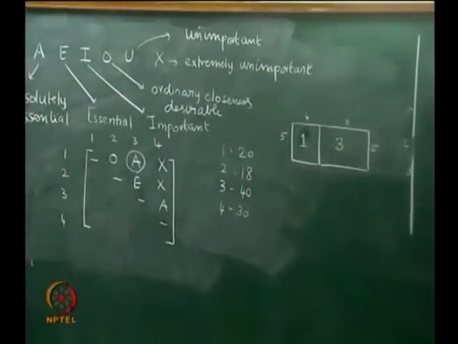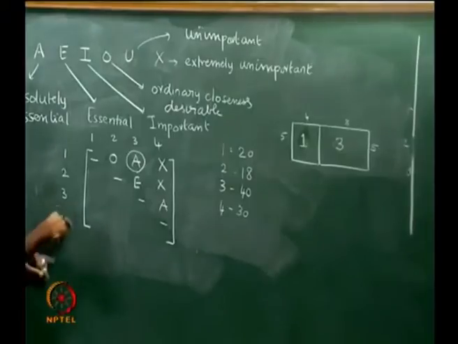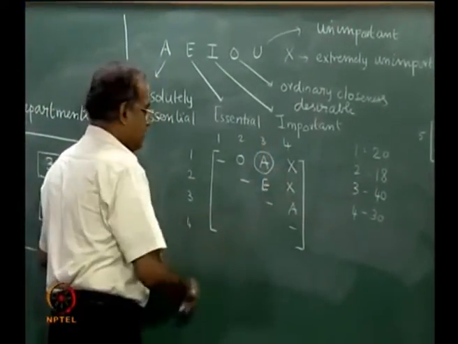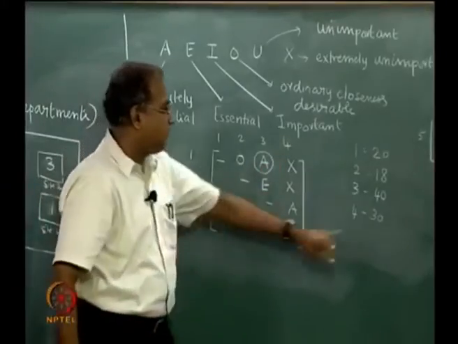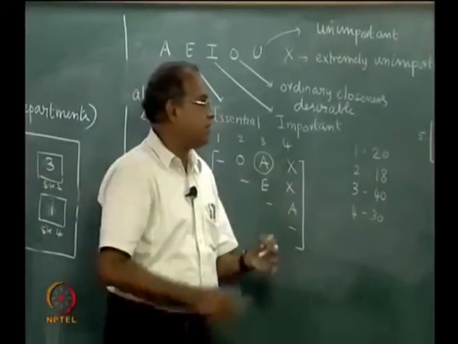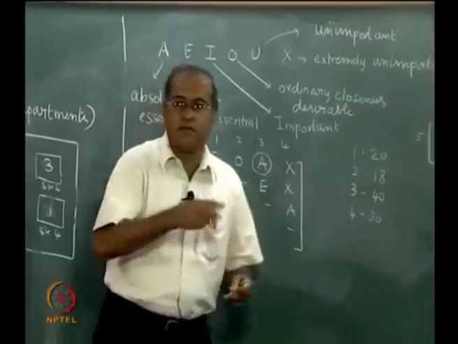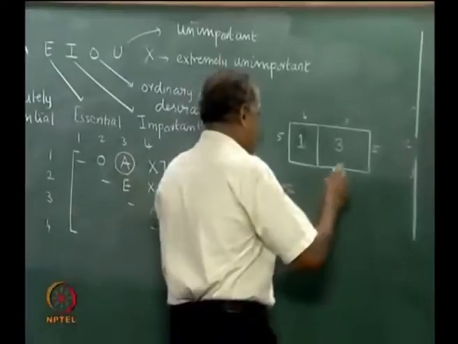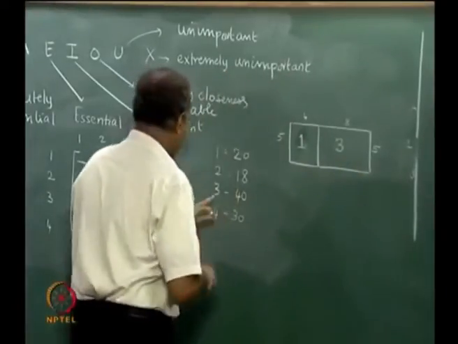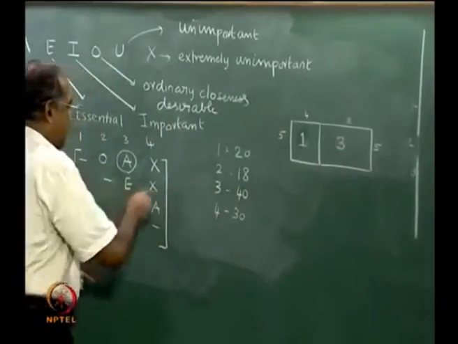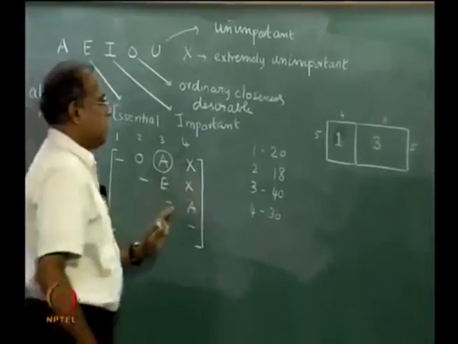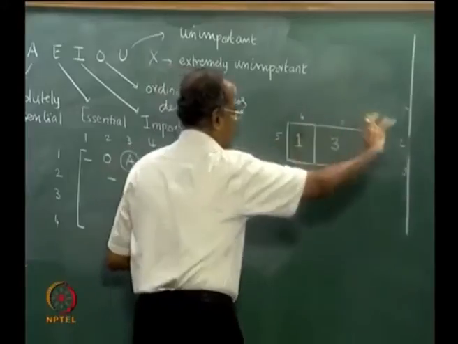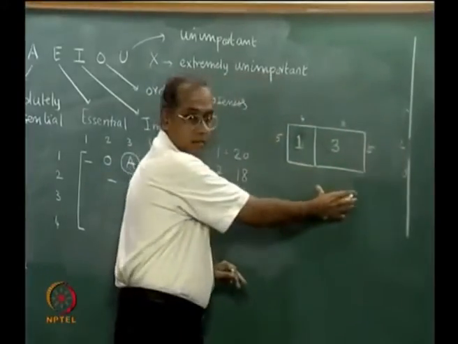Now, there is another A between 3 and 4. So 3 and 4 has an A, so 4 requires 30. So we could think in terms of 5 into 6. Now 3 and 4 has an A, so we could think in terms of 4 coming here, or 4 can come here.